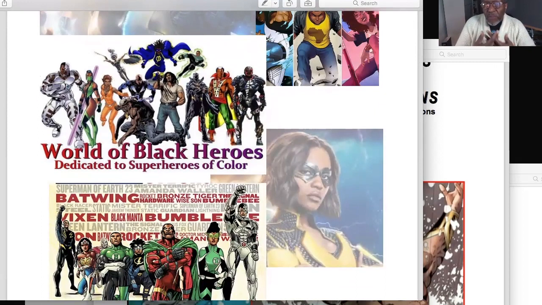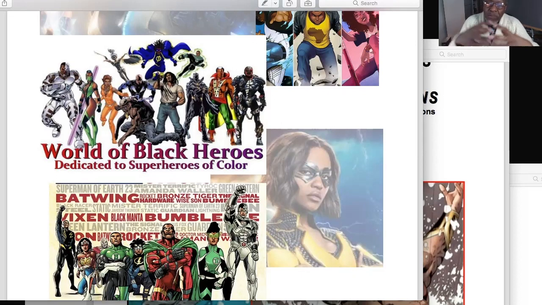These are characters who were created by a comic book company called Milestone, which eventually became part of DC, but started out as an independent company, Black-owned, as a matter of fact, with Dwayne McDuffie and Denys Cowan and Michael Davis. And they created a world of superheroes who were African American or Latinx or Latino.